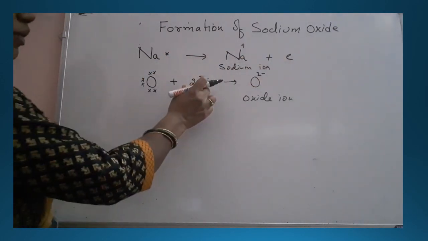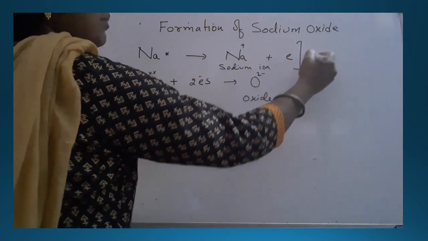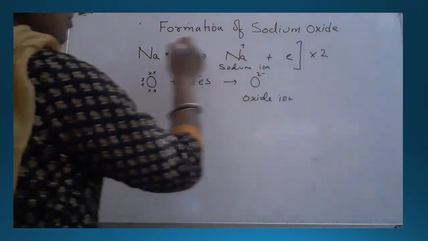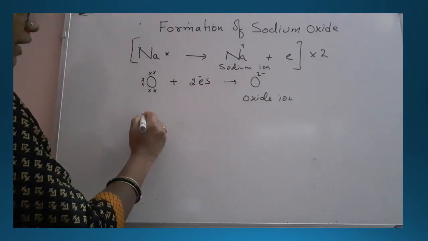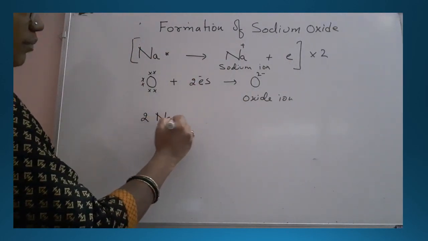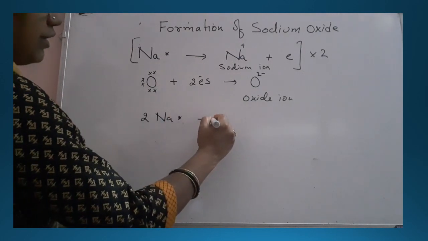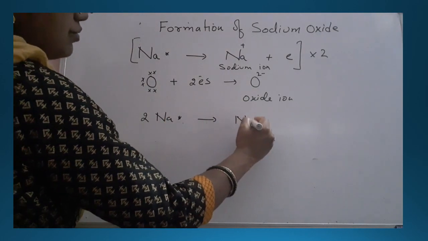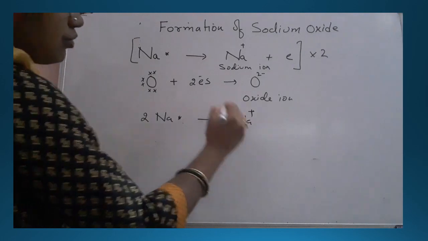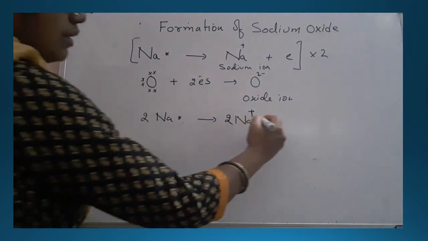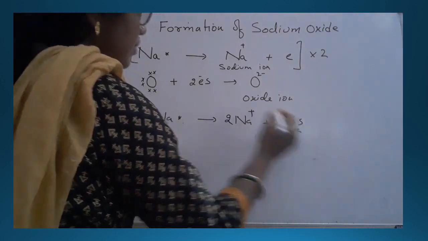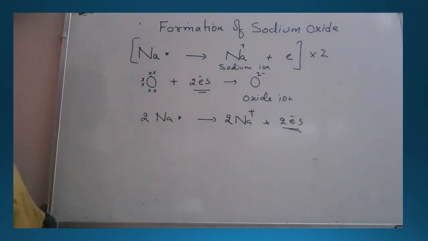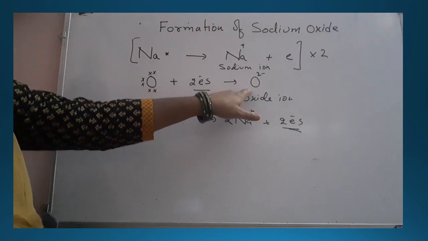So in order to make it 2, you multiply by 2 sodium. One sodium atom gives 1 electron and hence 2 sodium atoms will give 2 electrons to form 2 sodium ions and 2 electrons. And these 2 electrons are gained by the oxygen atom to form oxide ion.